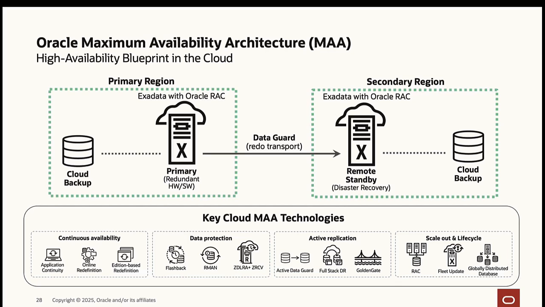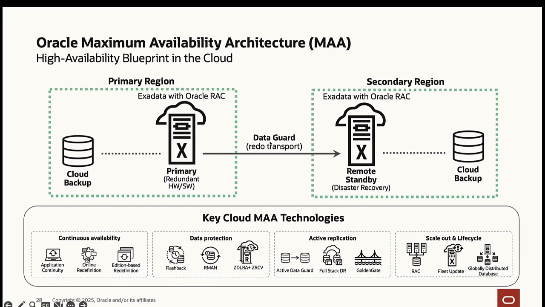So here we have our high availability blueprint, which has a little peek at both of the services, with some of the stuff on the data recovery of GoldenGate and an architecture diagram of Data Guard. So the first thing I'll highlight is we see here Data Guard is a redo transport.